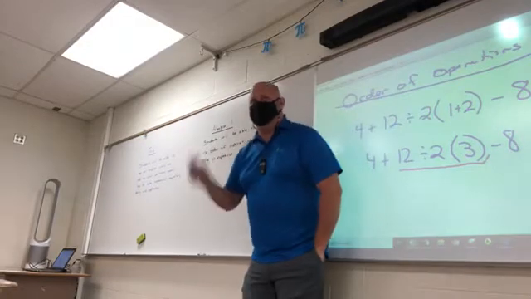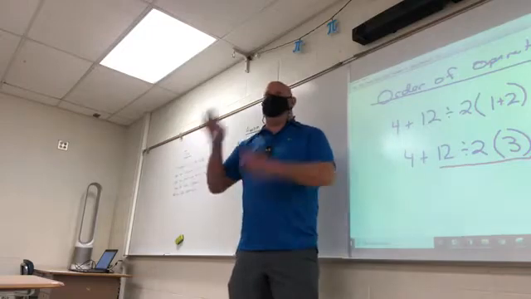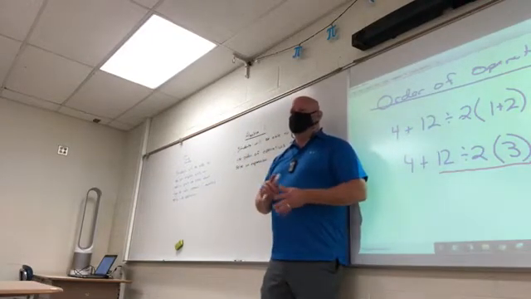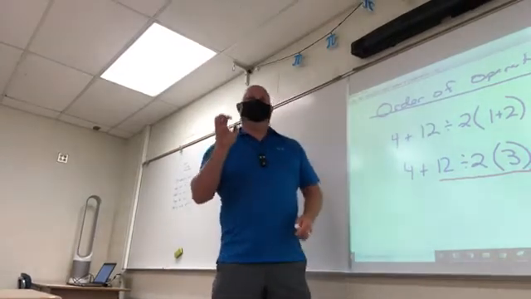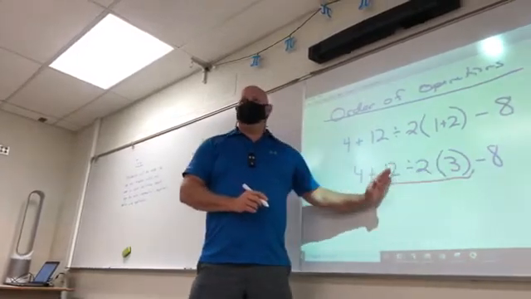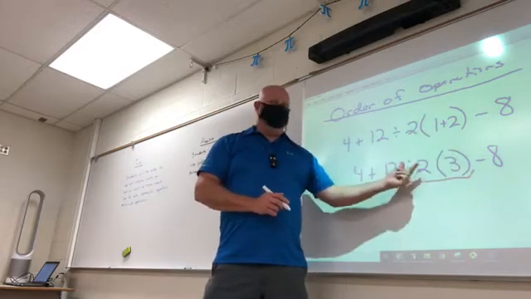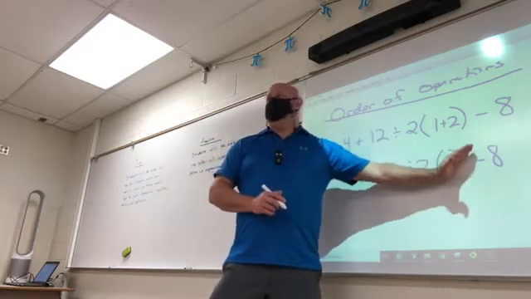They think it has to be please, excuse, my dear Aunt Sally, and that my always comes before dear. That's not necessarily the case. It actually isn't. The multiplication and division are a group. When you are faced with a choice of multiplication or division, and they're right next to each other, you do it left to right.